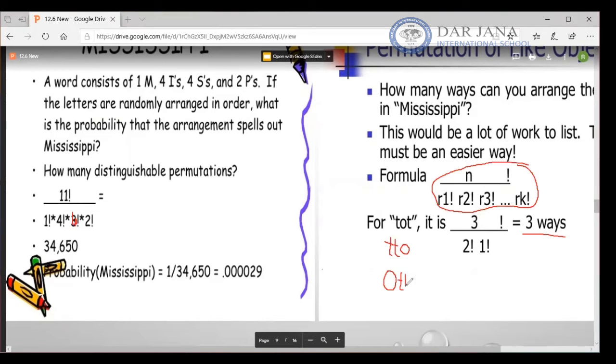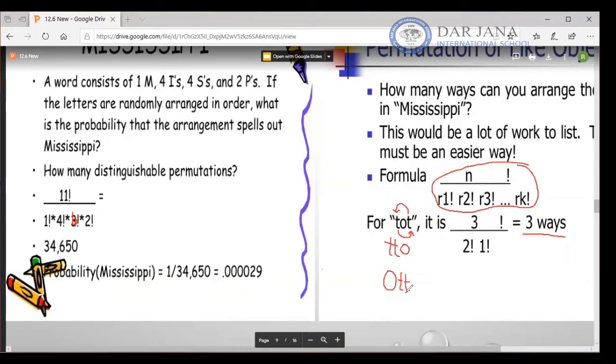Now, why do we only have 3 ways? Let me ask you this question. If I brought the T here, and brought this T here and put it here, would you have a different spelling? Of course not. If you shuffled the places of these 2 T's, would you have a different spelling? Of course not.